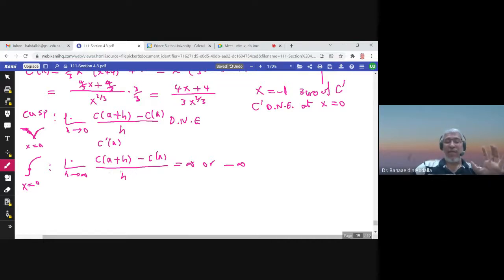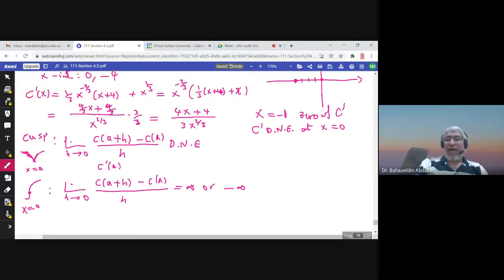But here, from both sides, when h approaches 0, from the right and from the left, it goes to infinity, both, or negative infinity, same direction. But for a cusp, one goes to infinity when h approaches 0 from the right, for example, and from the left it goes to negative infinity. So it does not exist. We say it does not exist.